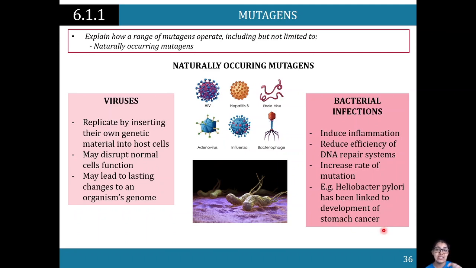Remember, cancer is that unhindered replication of cells. If our DNA repair system is unable to repair that mutation, the cells keep replicating, and that leads to cancer. In this case, there has been a correlation between Helicobacter pylori and the development of stomach cancer.